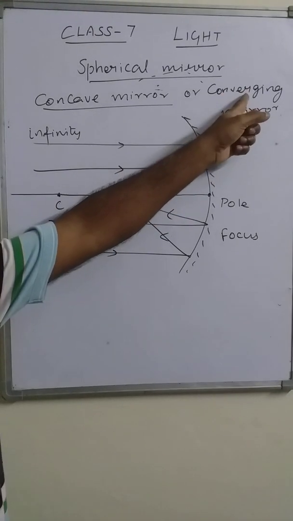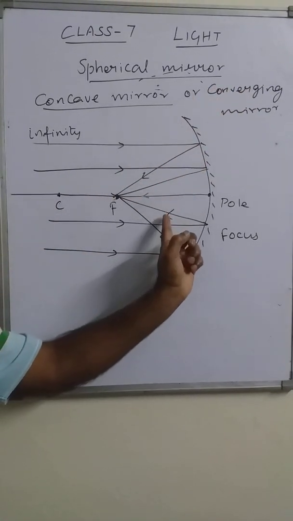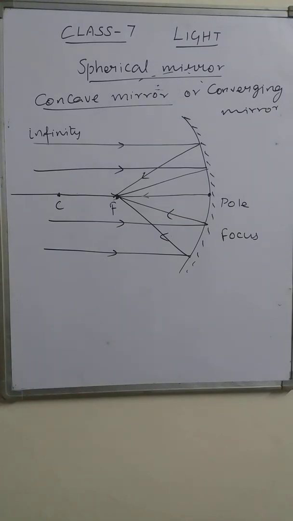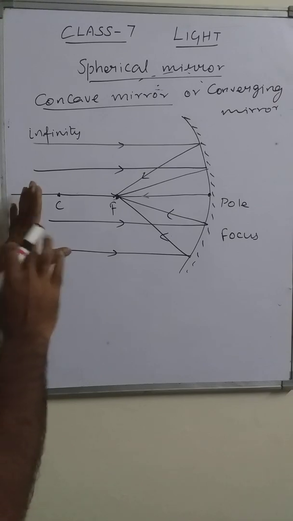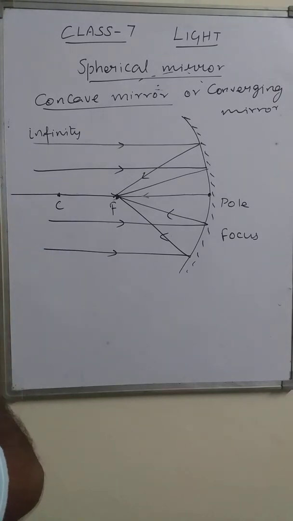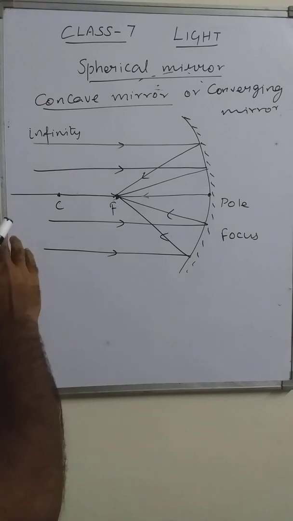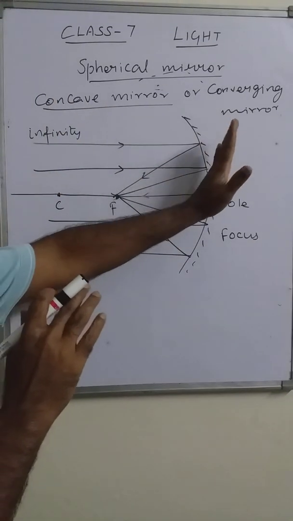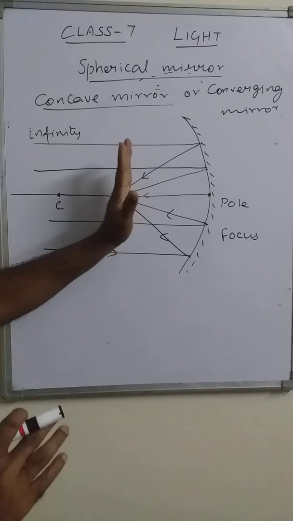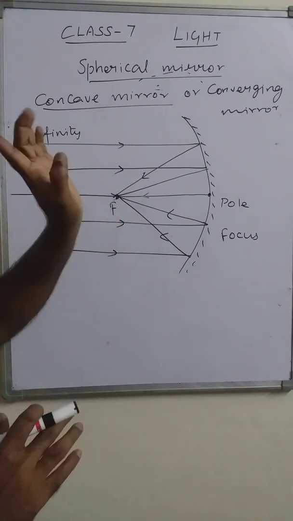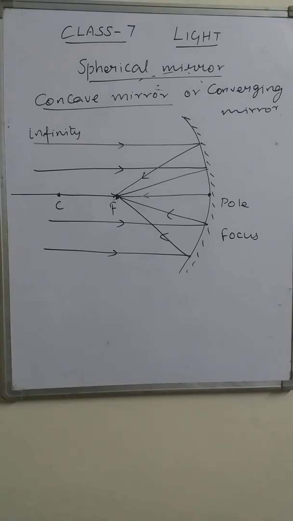This name is given due to its property to converge all the light rays after reflection from its surface. Now here we took the object at infinity, and the light rays from the infinitely distant object travel parallel to each other, and after reflection they all meet at a single point. So that means the image is formed at this point, the focus, right?